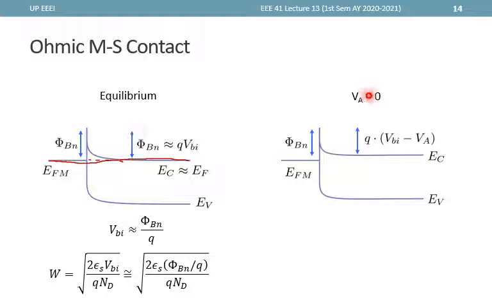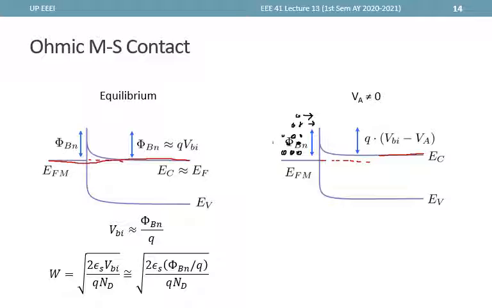Now, if we apply some voltage that is not equal to 0, so the Fermi levels are now not exactly aligned, then what we originally expect is that electrons at this side will not be able to cross the junction unless they have overcome the barrier height.